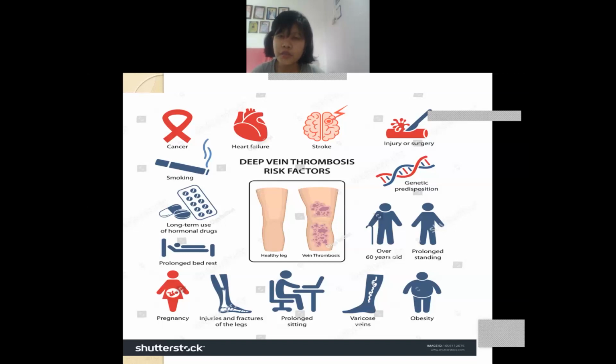Okay, next is varicose vein. Varicose vein we have studied in the previous class, right? If a person is having varicose veins, the person will be at the risk of having DVT. Okay, next is obesity, that is overweight people. Overweight people are also at the risk of having DVT.